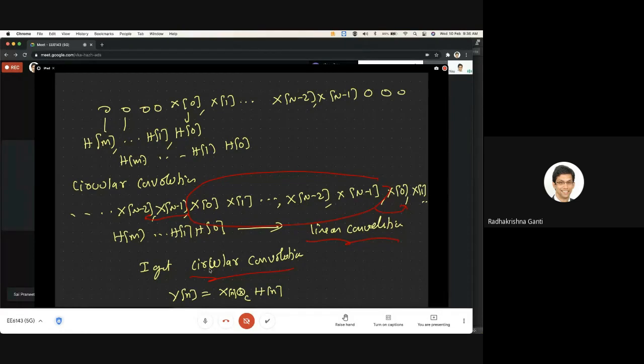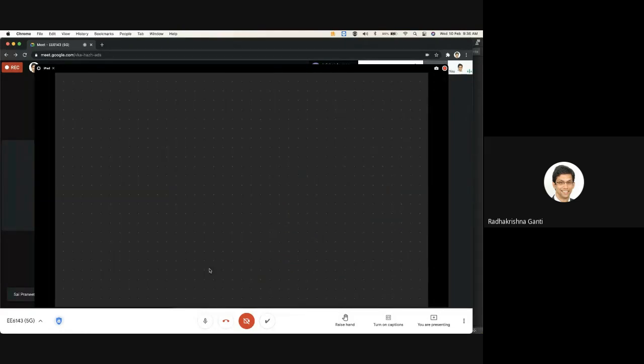So why is the circular convolution important? It is defined as the sum over m of x of m, h of (n minus m) mod N. When I say n minus m mod N, it implies mod of n minus m comma N.